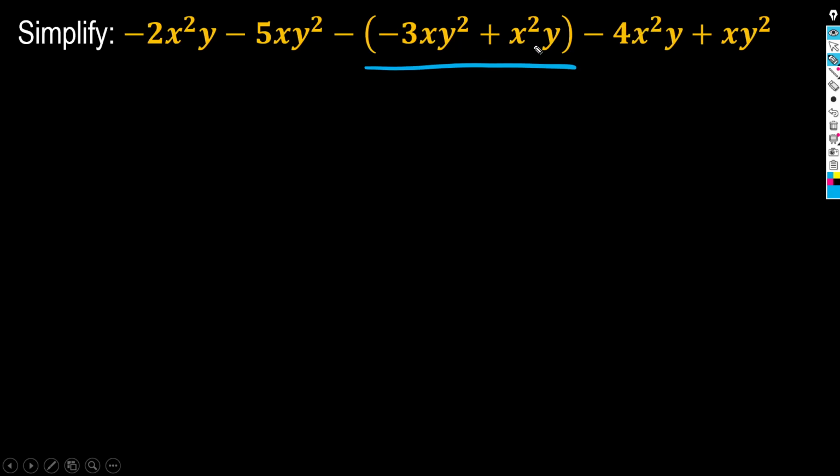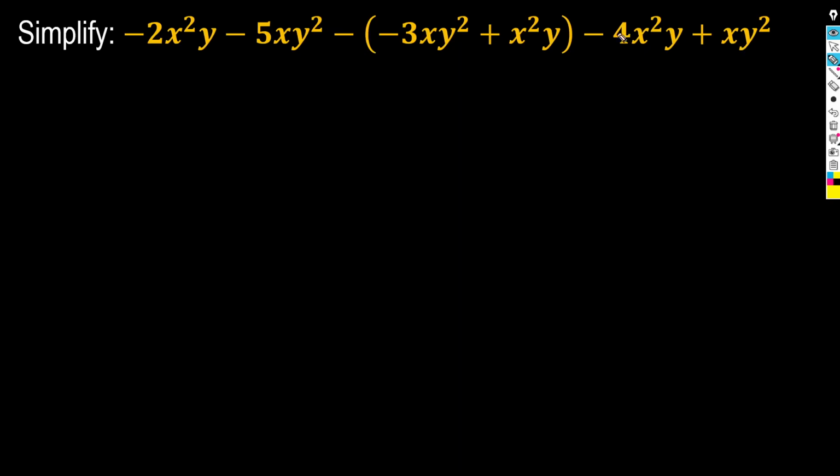Yun nasa labas. Ako, personally, I would rather remove all grouping symbols first para sabay-sabayan ako later on magko-combine ng similar terms. And remember, because of how the expression is written, I see that this group is being negated. Yeah? And that will force us to recall the definition of the opposite of a sum.